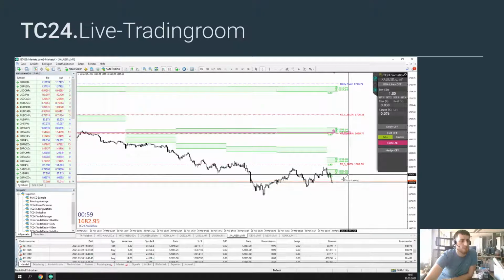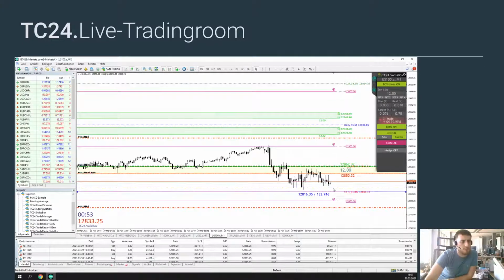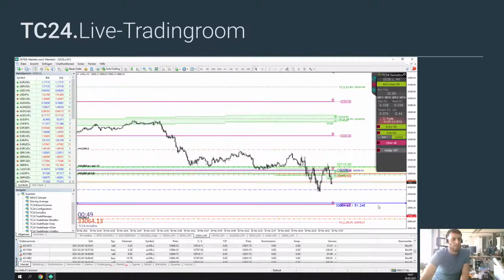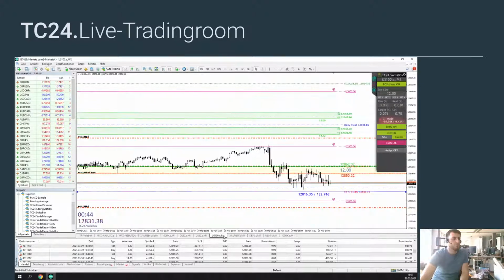So the Vola box on gold there, nearly hitting the take profit. Not long to go. And we're gonna have to break down. Get a nice strong candle.